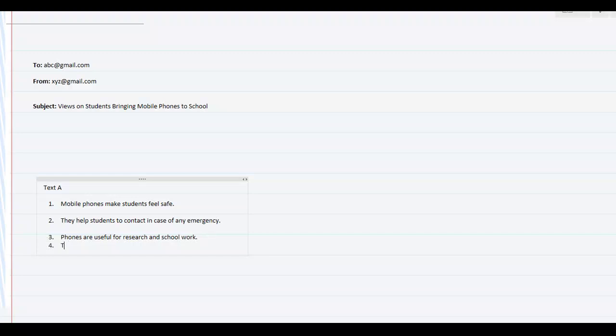Number four, they help students to stay organized. Five, they support creative hobbies like photography.